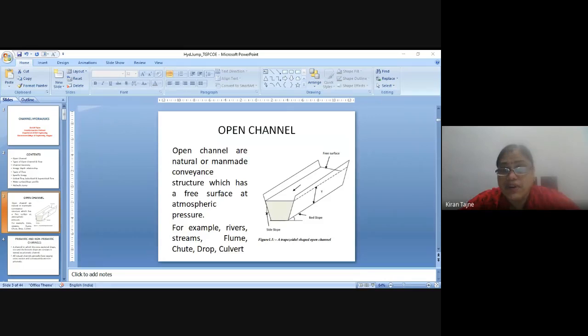Then culvert is again a type of open channel. When partially filled, it is a covered channel installed to drain water through highways or railway embankments. Okay. So these are some examples of open channel.